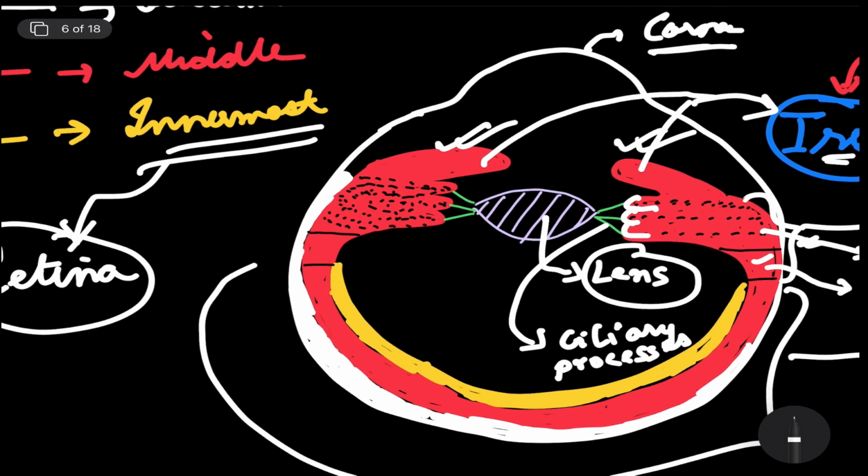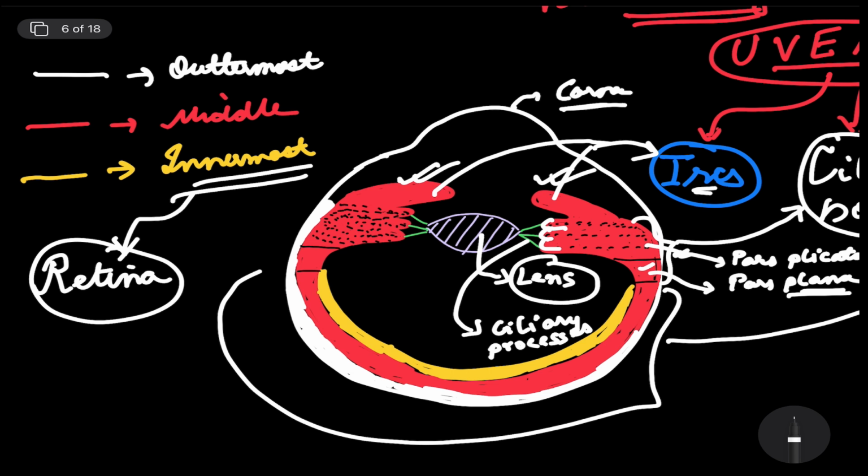What exactly is the innermost layer or retina as far as its function is concerned? We'll talk about it in great detail later. But obviously, if we are to sum it up, it is basically the neural layer, which means the nerve fibers of the entire eyeball, they all merge here, they all bundle up together here, they are all running around in here, and this actually forms the visual impulse.